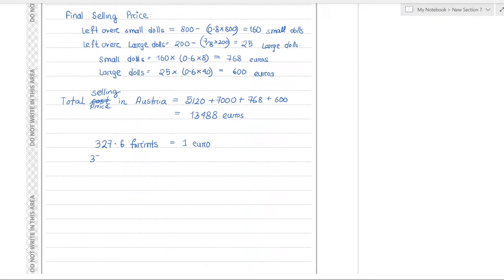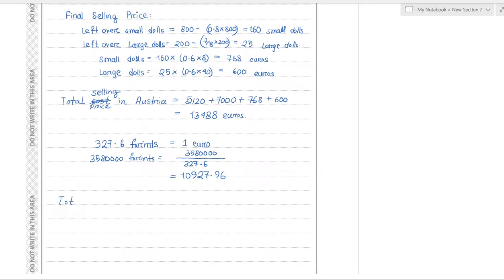That means 358,000 forints would give 358,000 by 327.6, and if you calculate it, you get a value of 927.96.